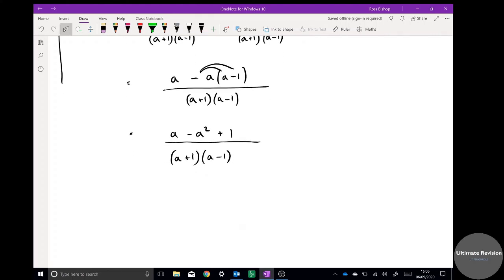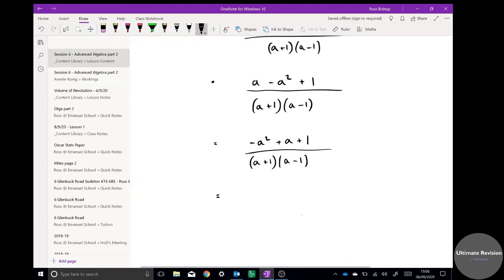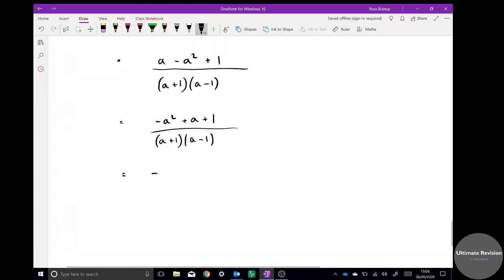Now, it might be a stage where I might be able to leave it like that. Or can I factorise the top? Now, I'm just going to put the a squareds first. Now, a little bit awkward because it's a negative a squared. But what I can do is bring a minus out and change all the signs.